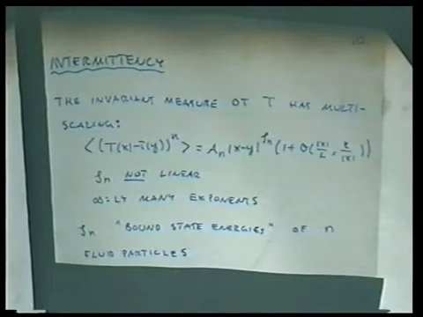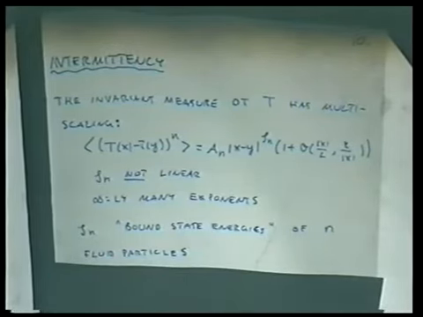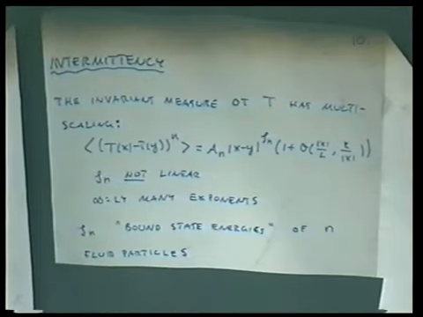You have infinitely many different exponents, and I have no time to go into how one gets all these things, but what happens is that the rough velocity field induces correlations. If you are looking at t to the power n, you're looking at motion of n fluid particles.